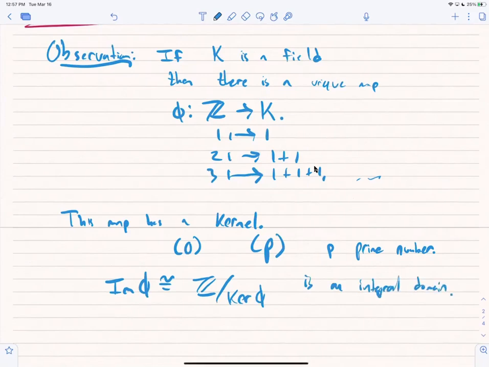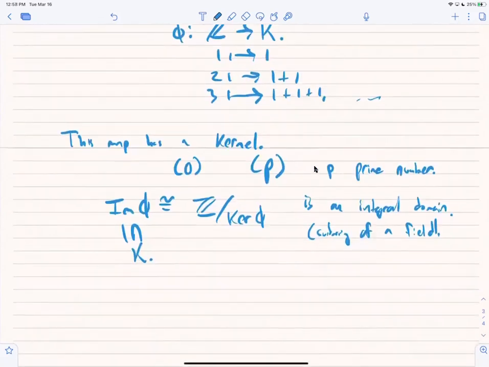Why? Just because it's inside of a field, and in a field there are no zero divisors. In particular, any subring of a field has no zero divisors, so it's an integral domain. Okay, so that means the kernel of phi is a prime ideal.